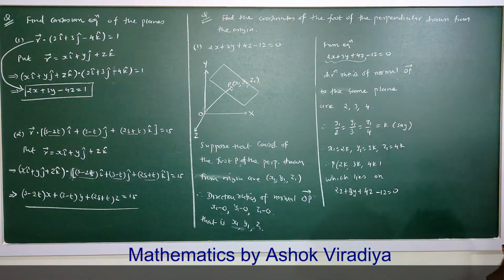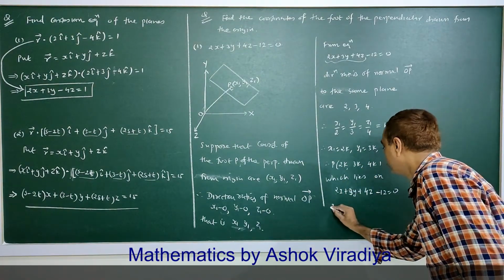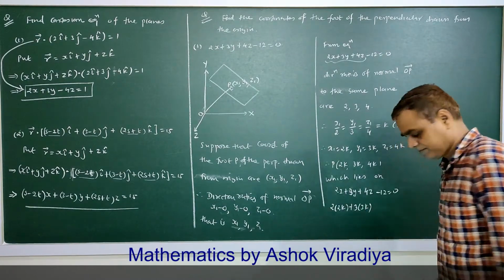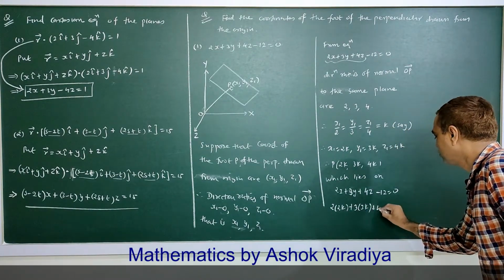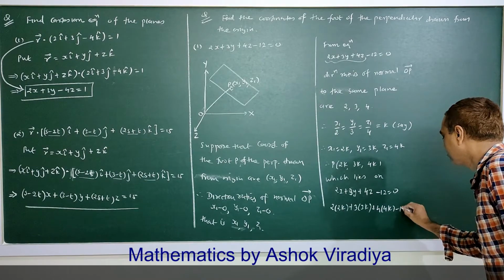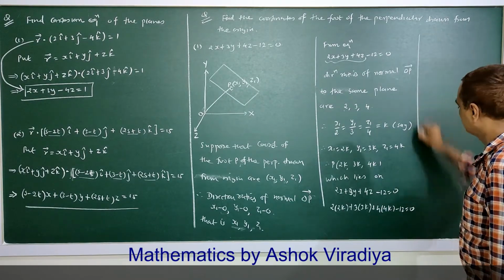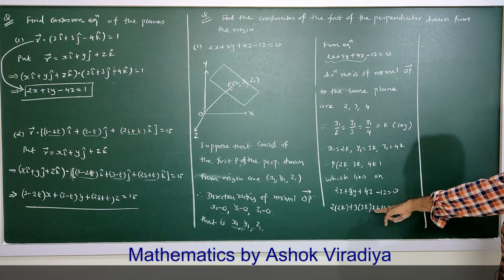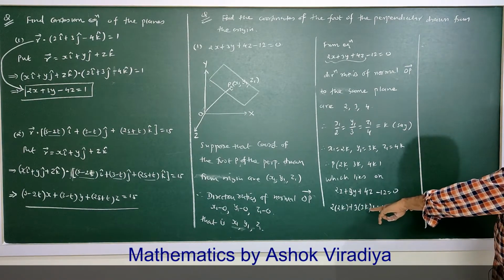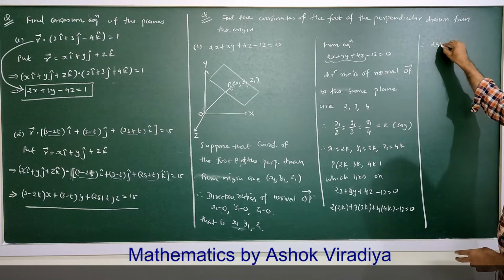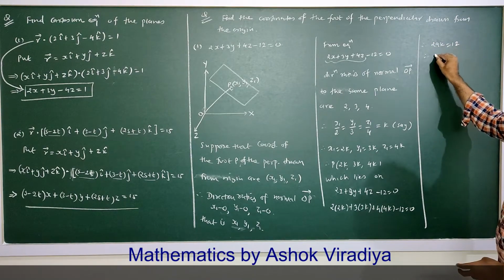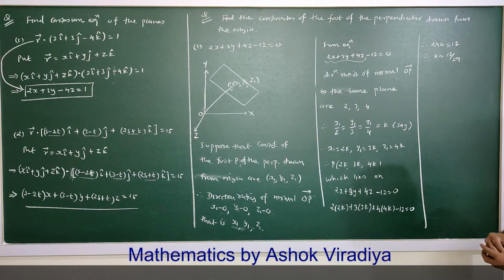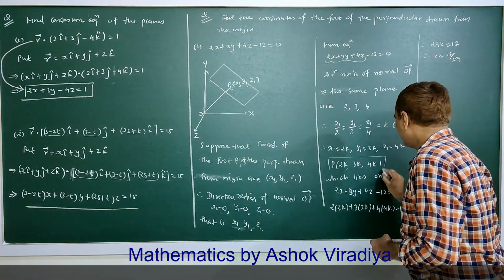That means 2 into 2k plus 3 into 3k plus 4 into 4k minus 12 is 0. Therefore this is 4k plus 9k plus 16k, that is 29k is 12. So k is 12 by 29. 12 by 29 now I am putting in this equation.